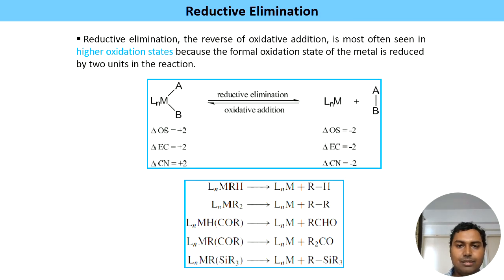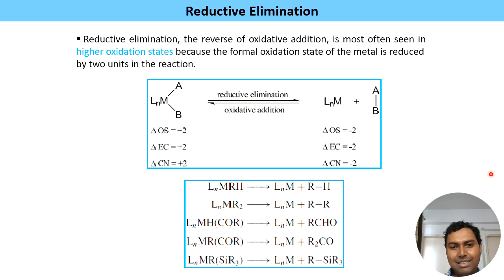So now we have another reaction, that is the reductive elimination, which is exactly the opposite of the oxidative addition reaction. In the previous slides, we have seen that this metal complex is added to the A-B, and when it is giving this product, we call it the oxidative addition reaction.